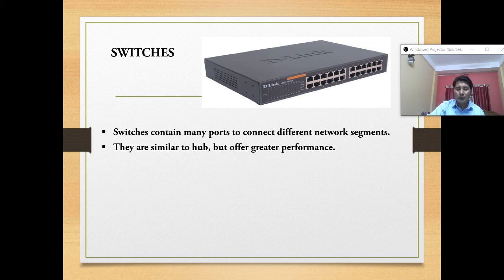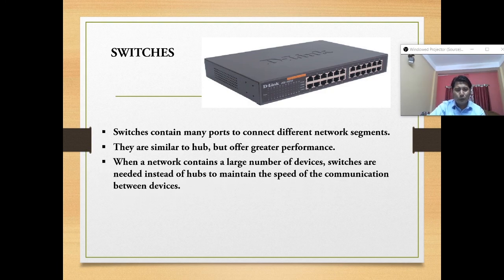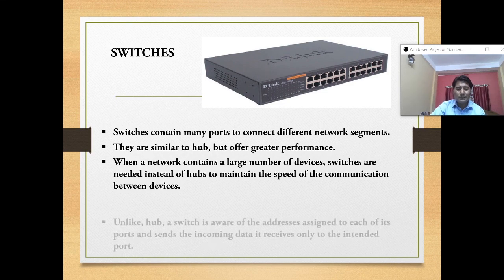So switches contain more ports than the hub, and besides that they have greater performance. So when the network contains a large number of devices, as I've already said, switches are needed instead of hubs. Why? Because as we connect more devices into the network, the speed of the network goes down. So to maintain the speed of the communication, we need switches.